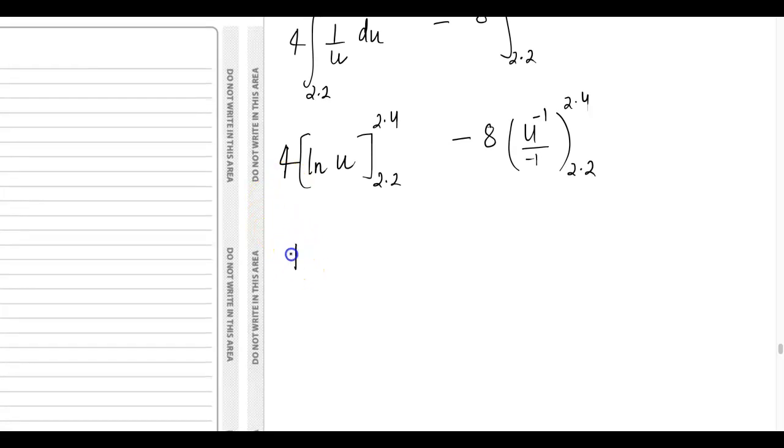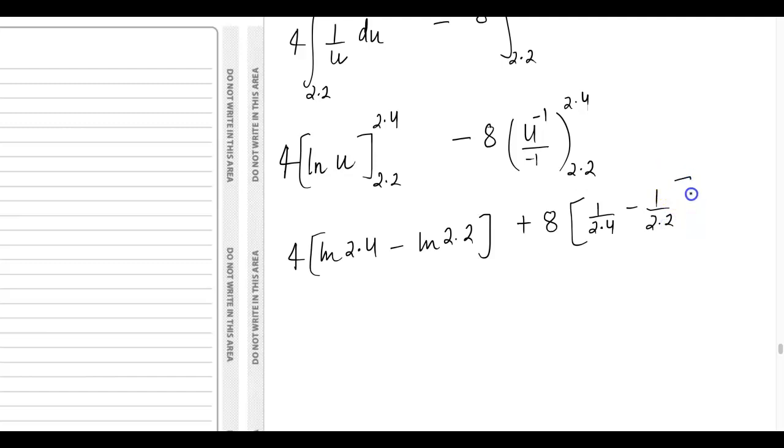So it comes to 4 times ln 2.4 take away ln 2.2, minus, and this minus will become plus 8, times 1 over 2.4 take away 1 over 2.2.